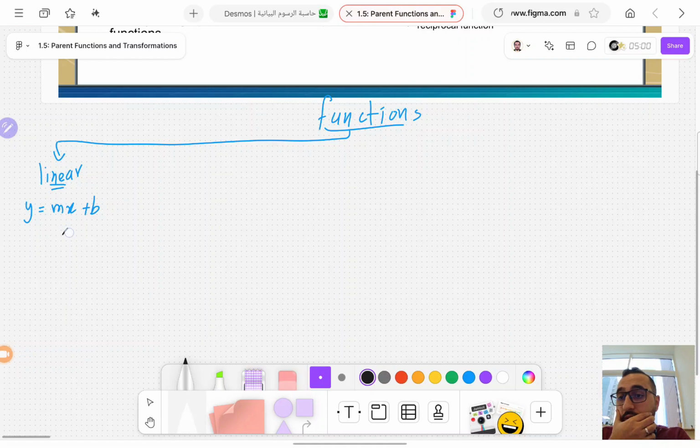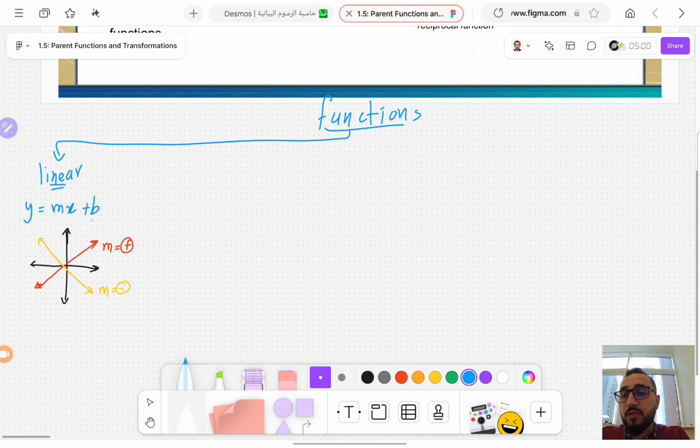If I have the y and x coordinates, this one is an increasing function when the slope is positive, and when the slope is negative, it is a decreasing function.